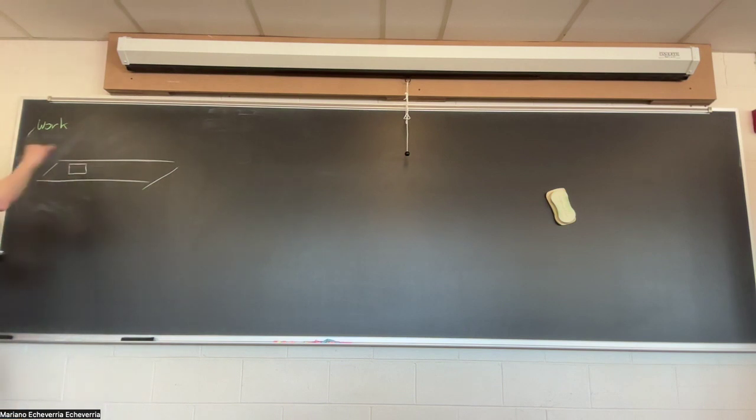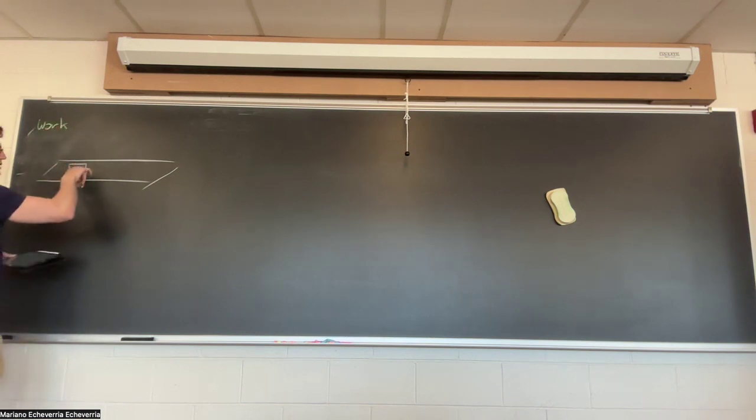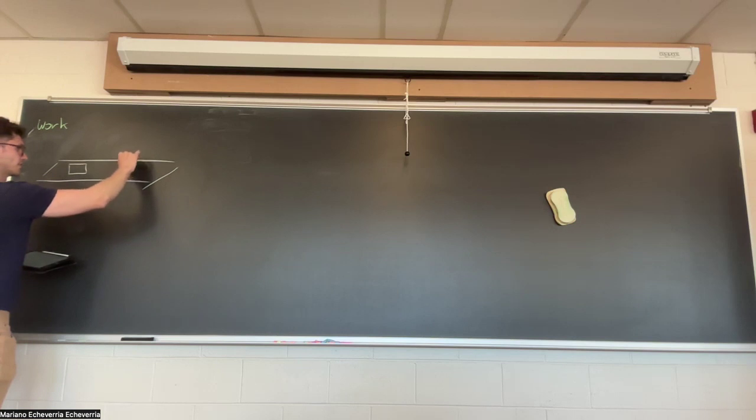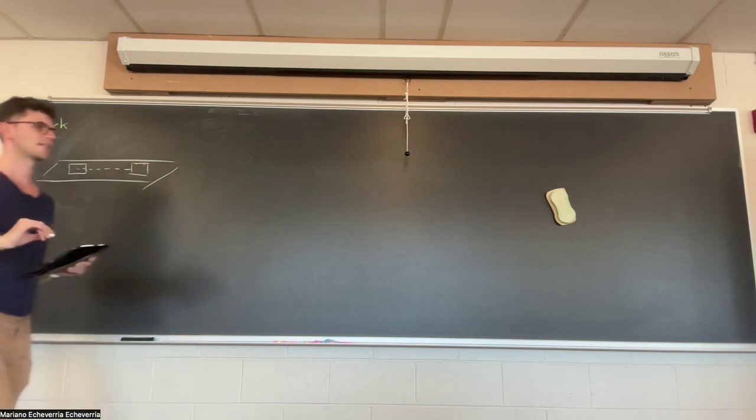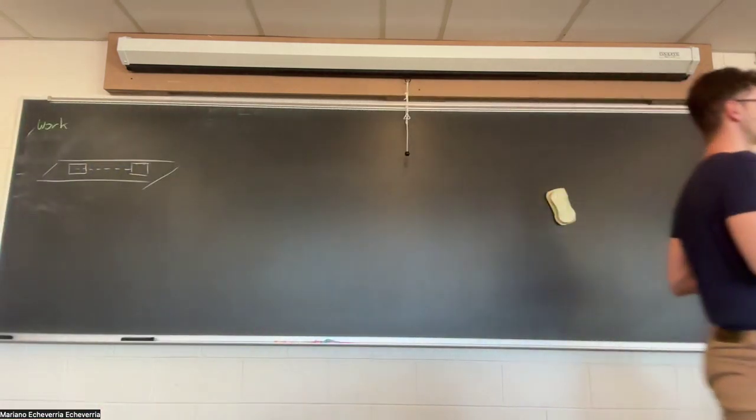So let's say you have some box or brick or some object, and you want to move it from this location to this location, just along a line. You give it a push and shift the position of the object.